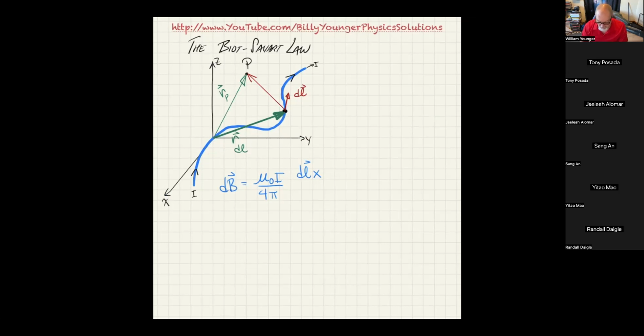I think you can see that that vector is actually related to R sub P and R sub dl in a very specific way. Can anybody see exactly what way R sub P and R sub dl are related to that little red vector I just drew? Anyone?